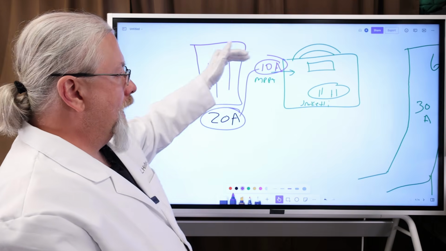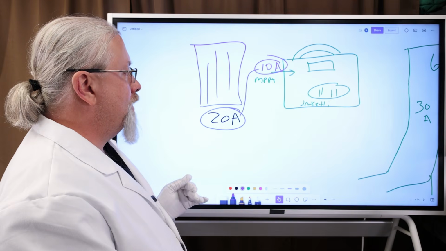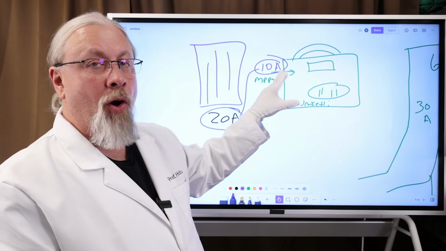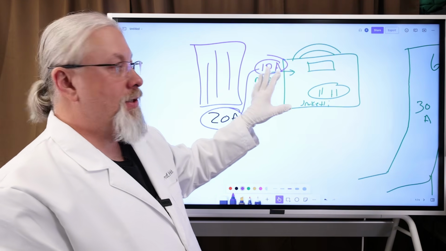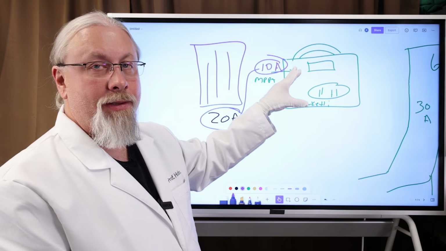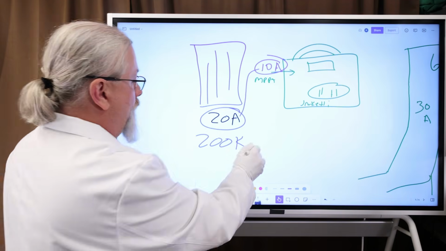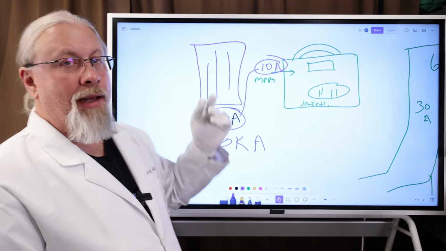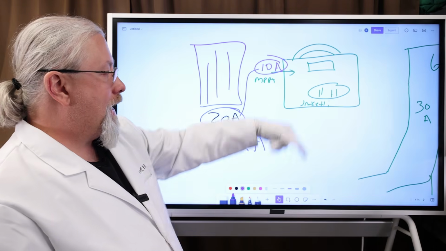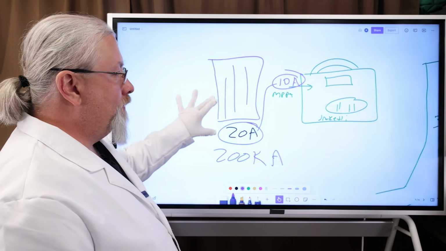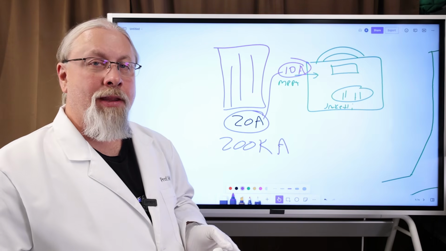The solar panel is sending power into the Jackery power station, and even though 20 amps are available, the Jackery can only handle 10 amps. So it cannot pull more than 10 amps. No matter what you do, you can put 200,000 amps, let's say you want to put 200 kiloamps into the Jackery, it's only going to pull 10. So I get this question almost every day, sometimes only 3 times a week.